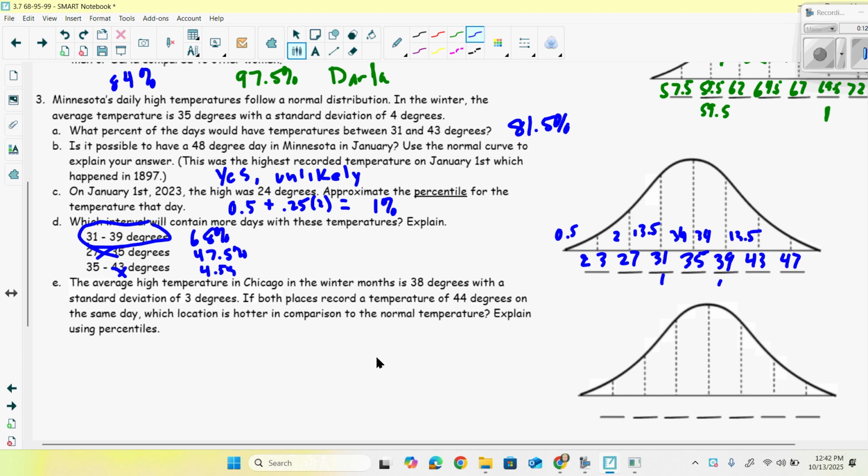And then finally, the average high temperature in Chicago in the winter months is 38 degrees. So it's a little bit warmer. Could be lake effect. So 38 as opposed to 35 in Minnesota. 3-degree standard deviation. So we're going to be adding and subtracting 3. And then subtracting.